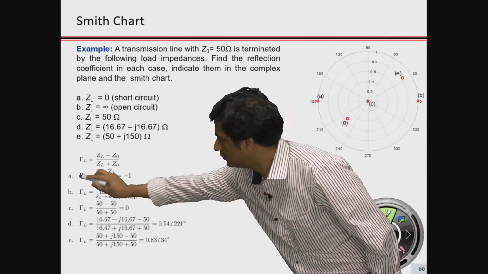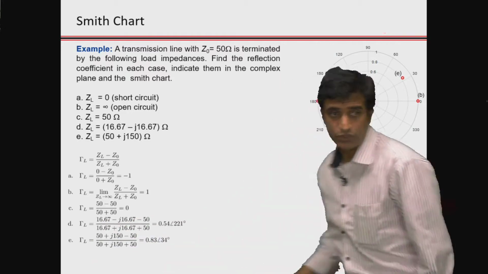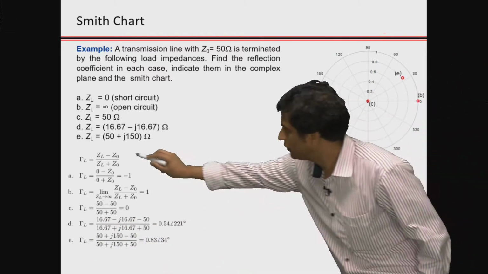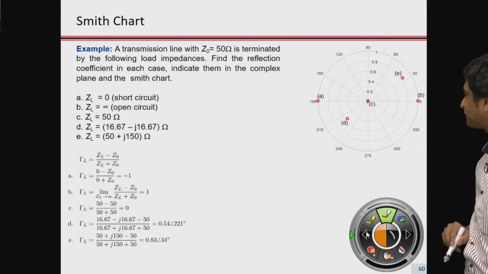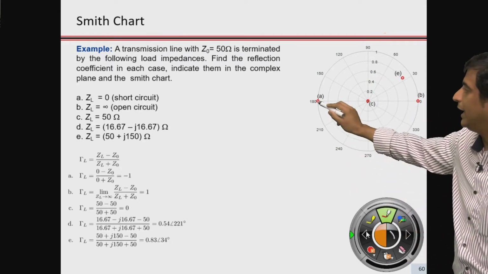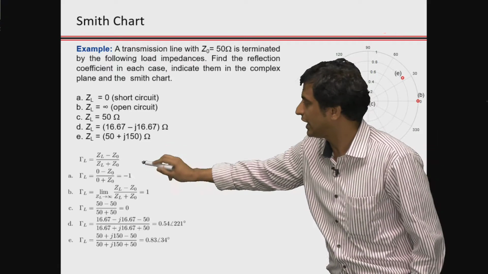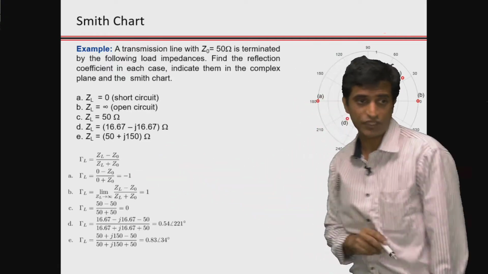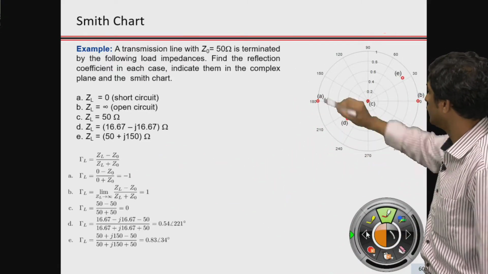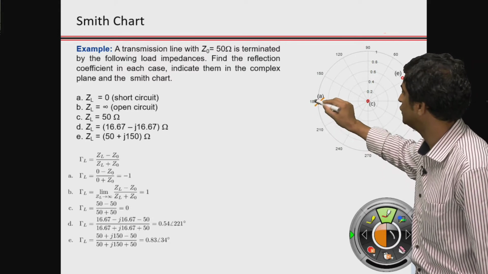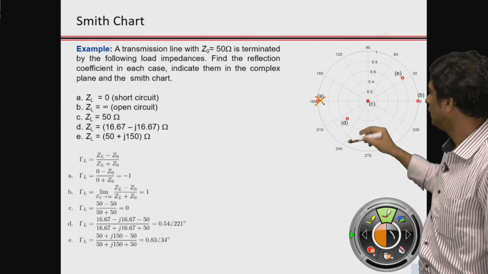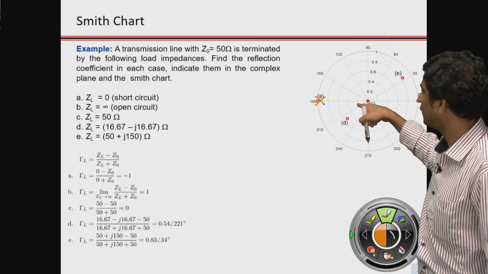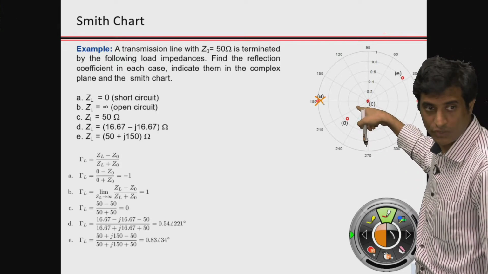So these five load impedance values, and the reflection coefficients we obtain from them, are plotted here in the complex plane. A corresponds to a short circuit having a reflection coefficient of minus 1. In the complex plane, that maps to this particular point, which is minus 1. Remember, the center of the complex plane is gamma equal to 0.